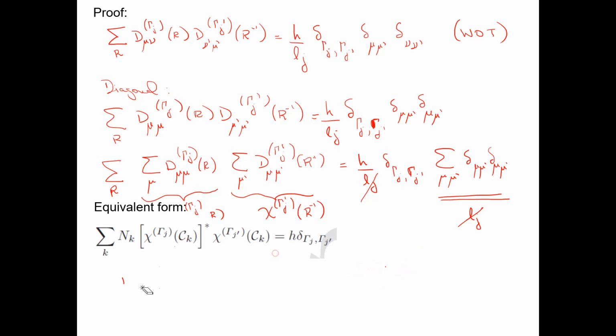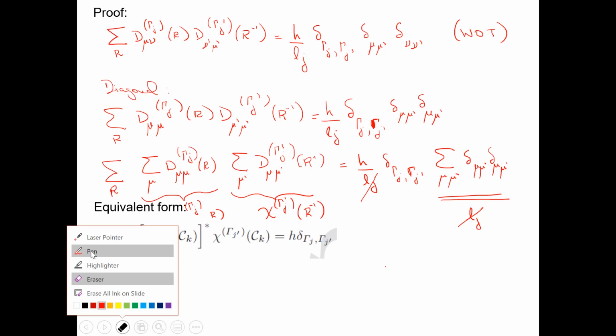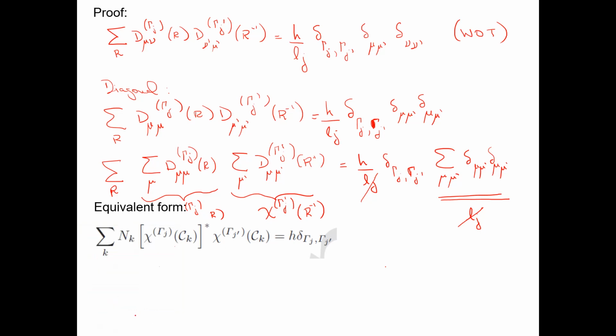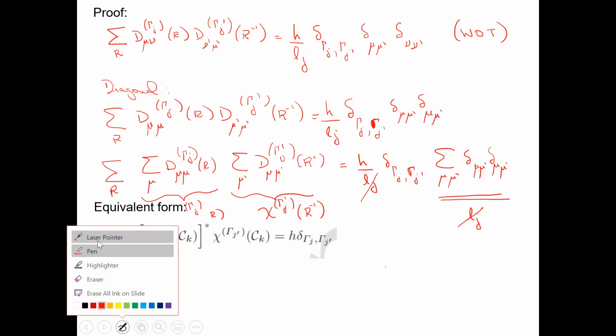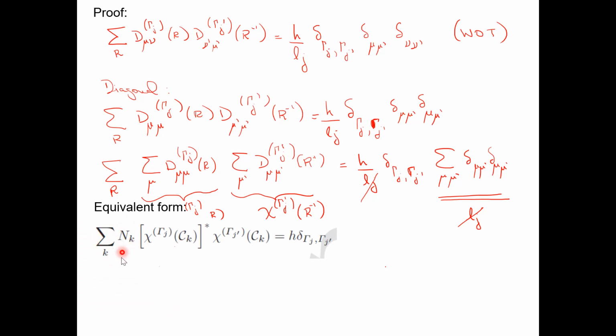Instead of summing over all group elements R, I sum over all classes. So sum over K is a sum over classes, and I'm using the fact that the characters are the same if we have group elements belonging to the same class.